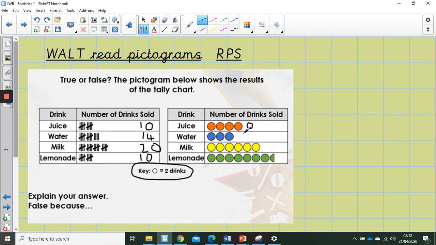This one should have 7. This one should have 10. 1, 2, 3, 4, 5, 6, 7, 8, 9, 10. And this one should have 5. 1, 2, 3, 4, 5. I'll cross through those. So the answer is false because juice should have one more.